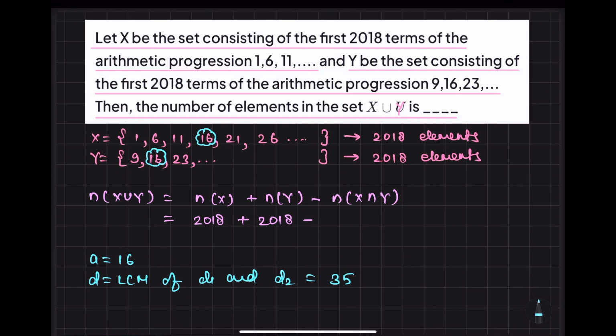Now, if you observe the first set X, its first element is 1 and common difference is 5. In set Y, its first element is 9 and common difference is 7. So the first element of X is smaller than the first element of set Y, and the common difference is also smaller, 5 against 7.